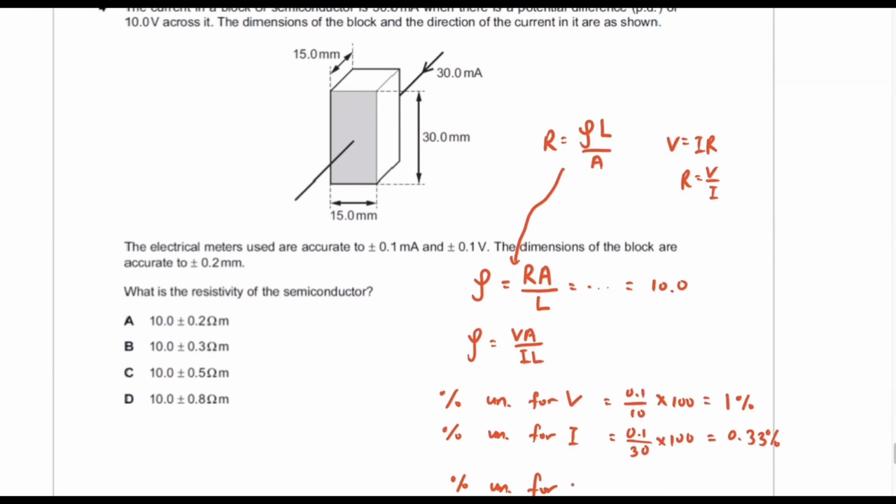The length is here. Of course, y is here, you will learn later. To count the area, we have to multiply this times this to get the area. So the length is 15, 0.2 over 15 times 100, then you get 1.33%.